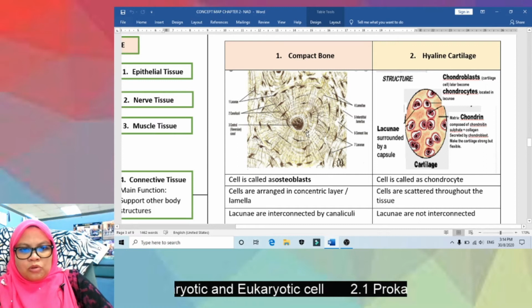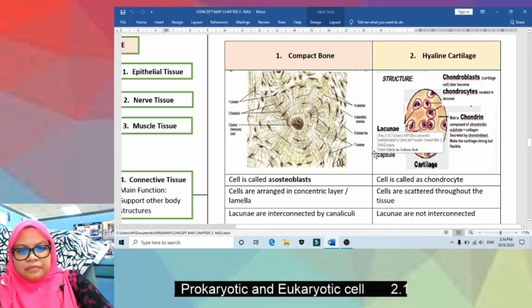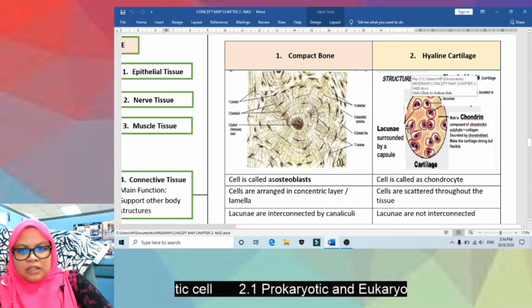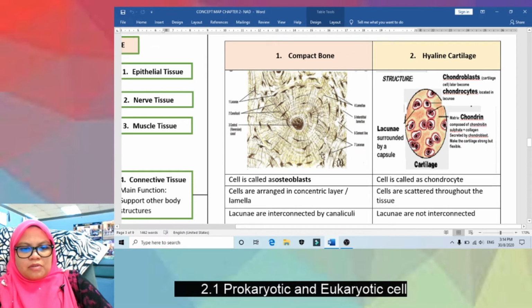Be able to know what is meant by the central canal, canaliculi, lacunae, lamella, and then look at the hyaline cartilage. It has chondrocyte, chondroblast, lacunae, chondrin. Okay, the cell in compact bone is called osteoblast.